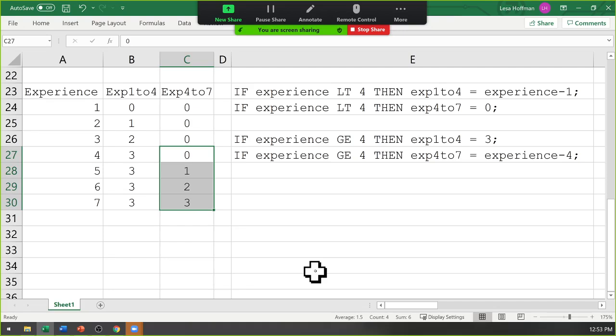The original experience minus 4 would give me a 0 at 4, a 1 at 5, and so on. And so once you get a chance to build the predictors, then you would put them both in the model at the same time, and they would each track the effective experience within their section of the variable.